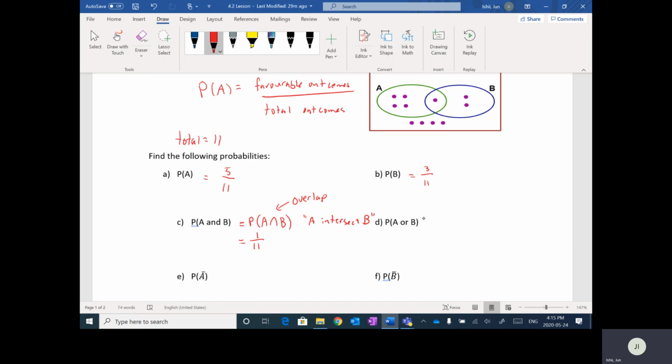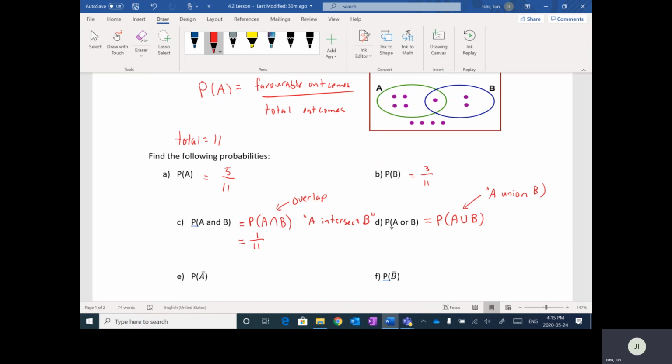Next up, probability of A or B. Now I'm going to show you the notation for this as well. This is the way you'll see it: probability of A, and then this time instead of an upside down U, it's an actual U. If you see it this way, this is A or B. These mean the same thing; this is just notation. It's read A union B, which is where A or B happens.